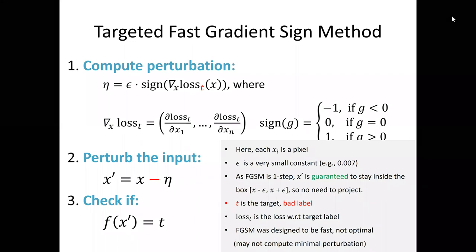And let's see. So what happens here is we are given an image X. We're just going to be using images as an example to illustrate our points. What we want to do is compute the loss of that image X with respect to the target label, the label where we want to drive the network to classify X, that's label T, the target label.